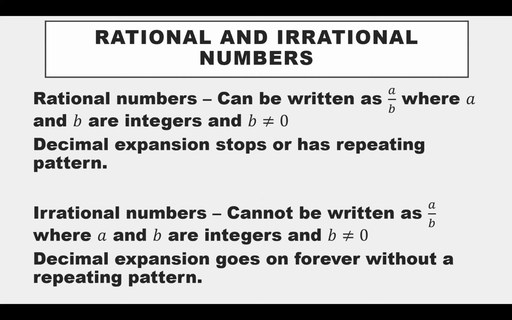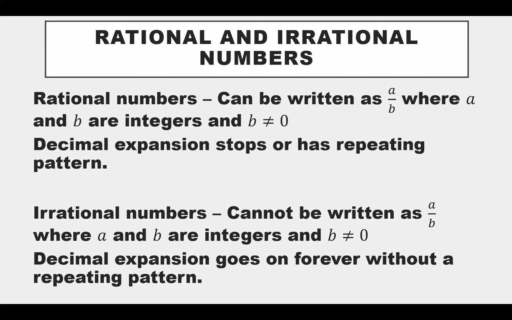Now, two other common sets of numbers that we will refer to are the rational numbers and the irrational numbers. The rational numbers consist of all numbers that can be written as A over B, where A and B are integers, and the denominator, which is B, is not 0.